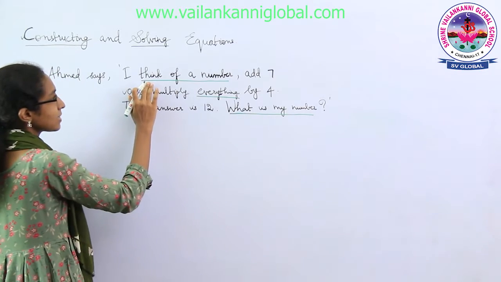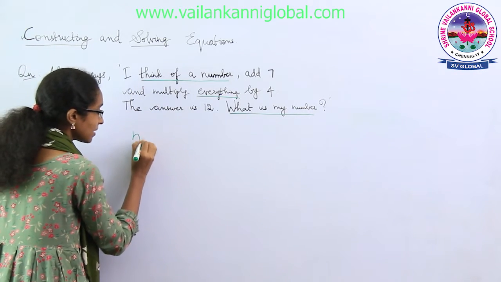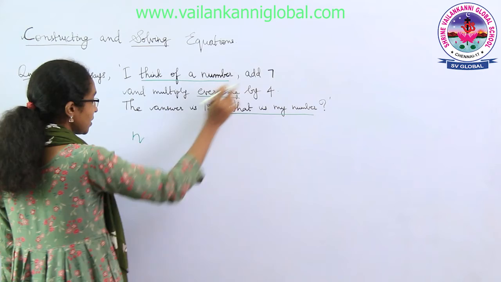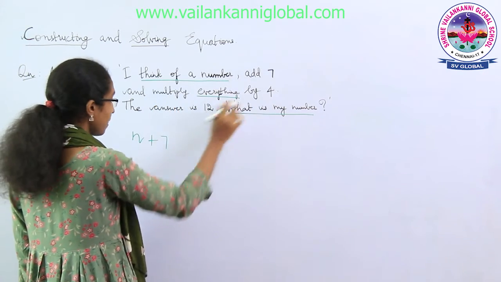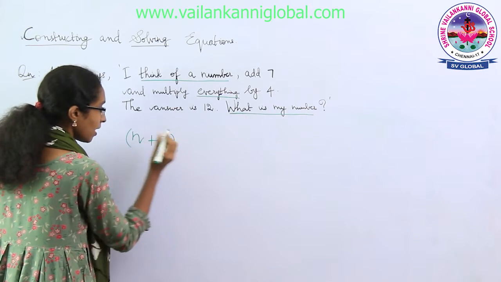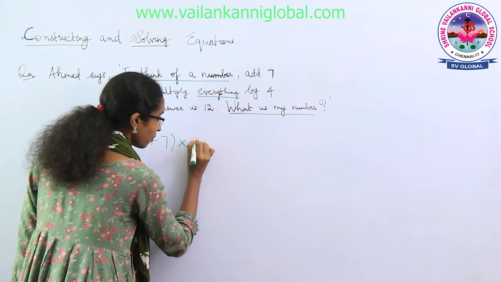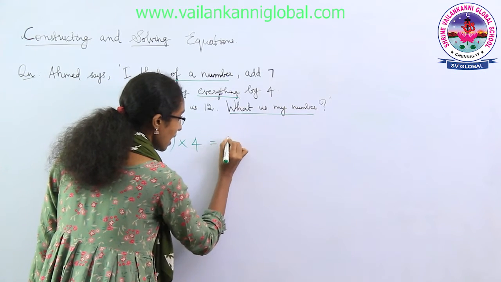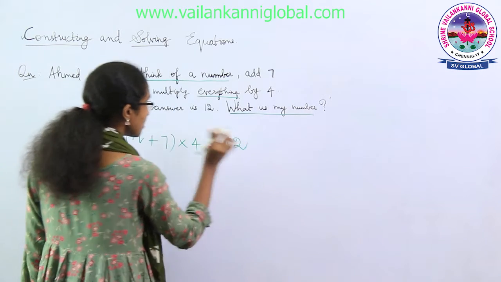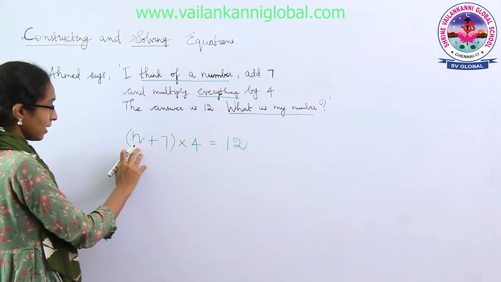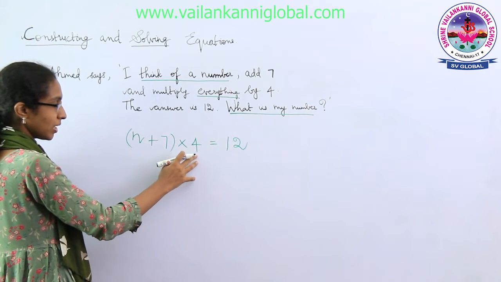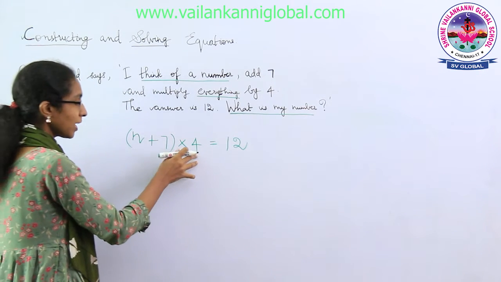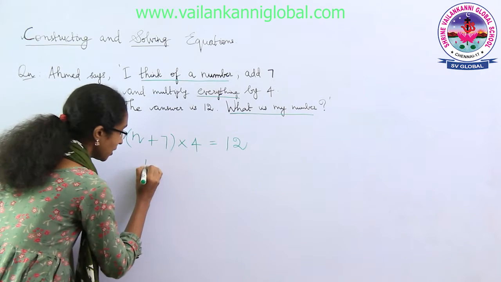So let us take this number, which we don't know, as n, and add 7 to it and multiply everything by 4. So put a bracket and multiply by 4. And that will give you the answer 12. Now we have to find out this n. So n plus 7 is inside a bracket which is multiplied by 4, so we can use the distributive property here.